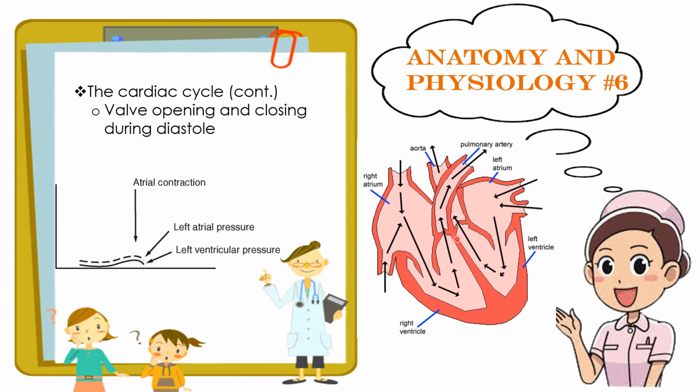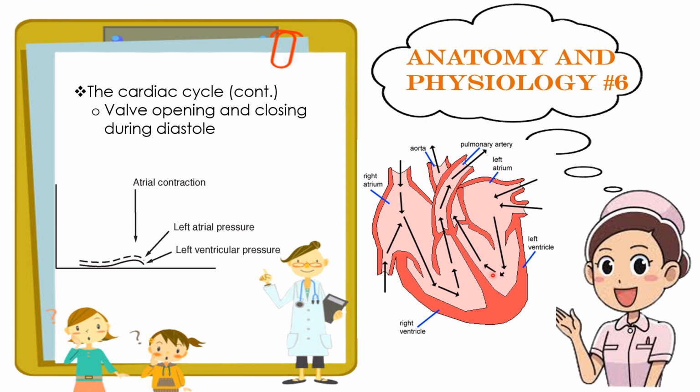In contrast, during diastole, the aortic valve is closed, preventing regurgitation of blood from the aorta back to the left ventricle. So the mitral valve is open, allowing blood flow from the left atrium into the relaxed ventricle.